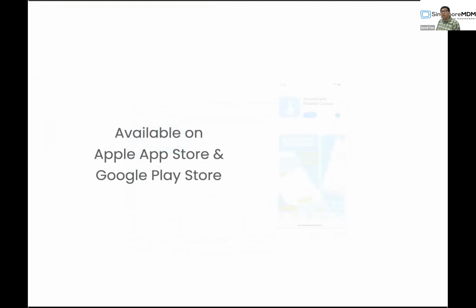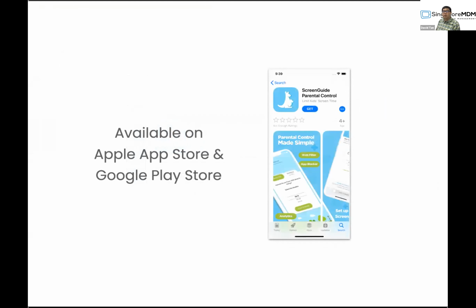The Screen Guide app is available for the Apple App Store as well as the Google Play Store. If you're not using a smartphone, you may go to a browser and you can also use the browser to follow along. For parents that have yet to install the app, please try to download it now. And other parents that have already installed, please get ready.